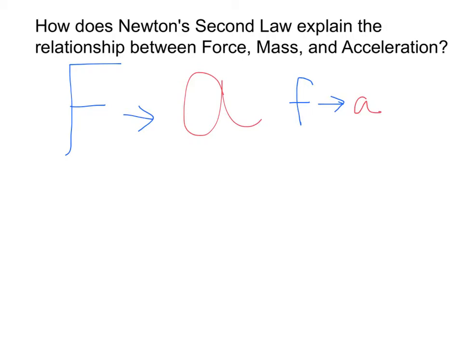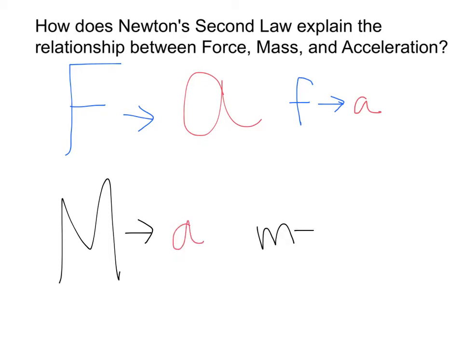We also know with a big amount of mass, there is a little amount of acceleration. And with a little amount of mass, there is a big amount of acceleration. But the question is, how do we put all of that together to form a relationship between these three pieces?